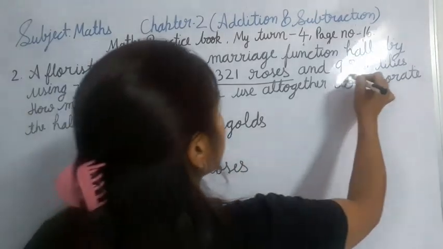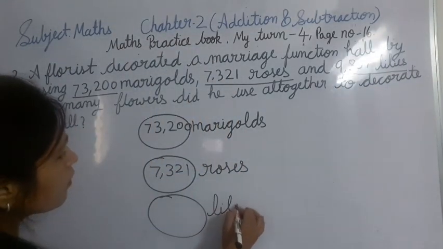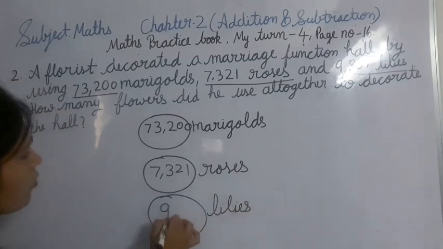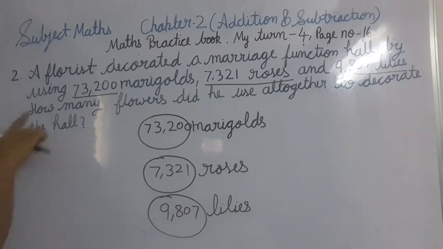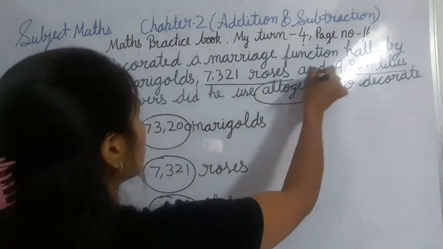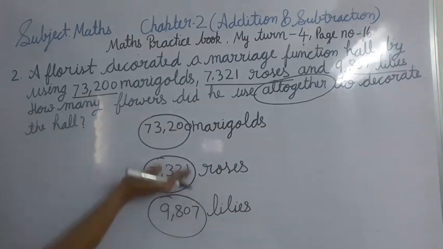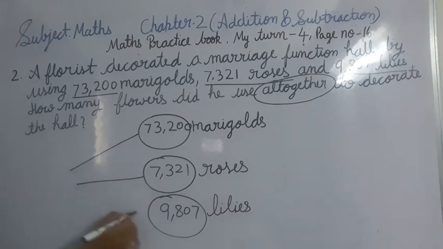And how many lily flowers did he use? 9,807. Now they are asking how many flowers did he use altogether. Altogether means we need to combine these three flowers. Yes. So let's combine them. It means they are asking us the whole.